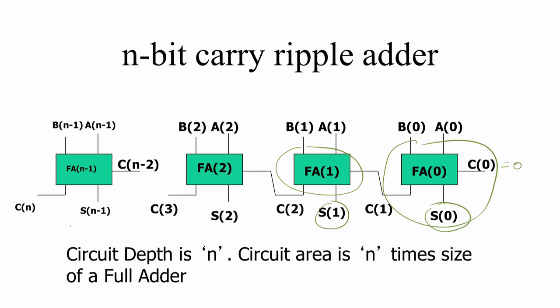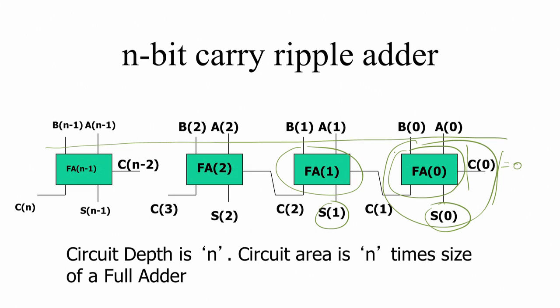Now when I do a topological sorting of the circuit at a very high level, what are all the primary inputs to the circuit? All these are primary inputs: A0, B0 till A n minus 1, B n minus 1 and C0. So let us remove all the primary inputs. Now the only element that will become completely free is full adder 0.